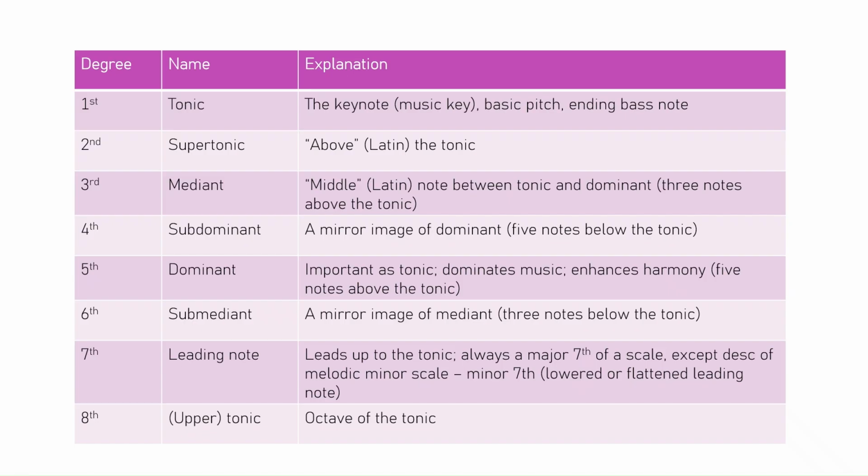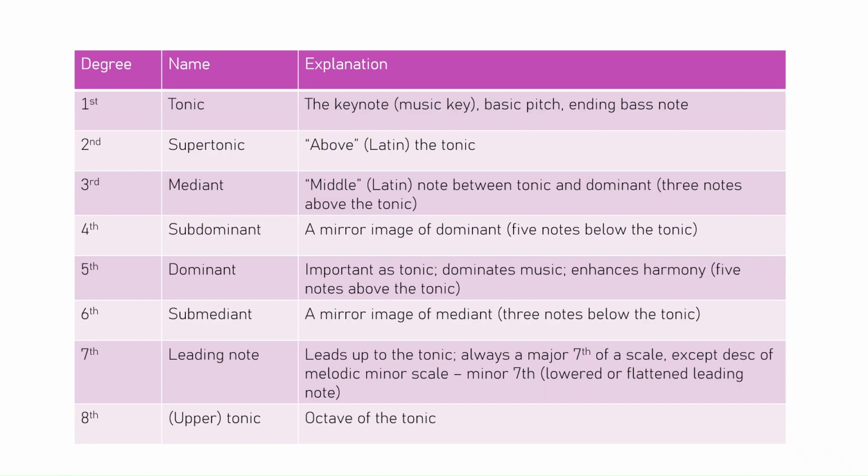Remember we talked about seven notes. So you have the first note, the second note, or what you call the degree. We use degree: first degree, second degree, third degree, fourth degree, fifth degree, sixth degree, and then a repetition of the first degree, which is the eighth degree.